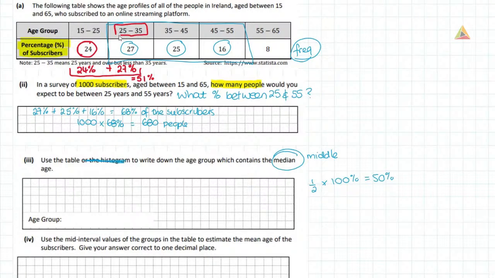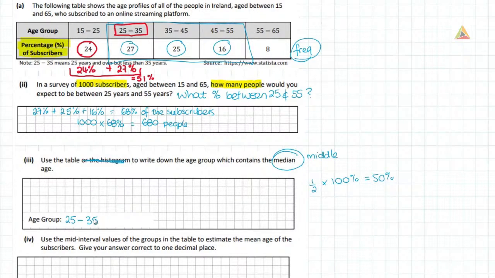So the interval between 25 and 35 is going to contain this 50% person: 50% of the people from here down and 50% of the people from here up. That means that the median is going to be in this interval. So that's our answer from the table. The age group is going to be 25 to 35.